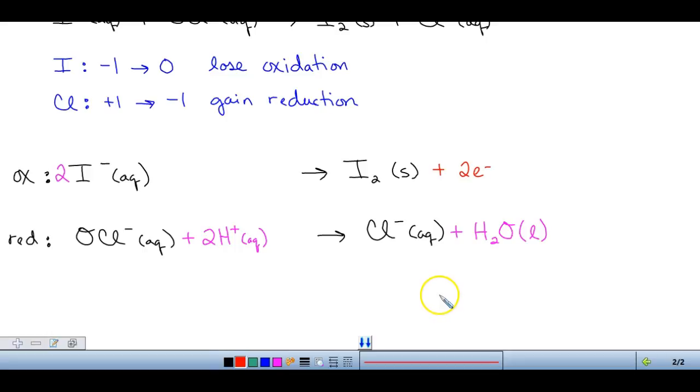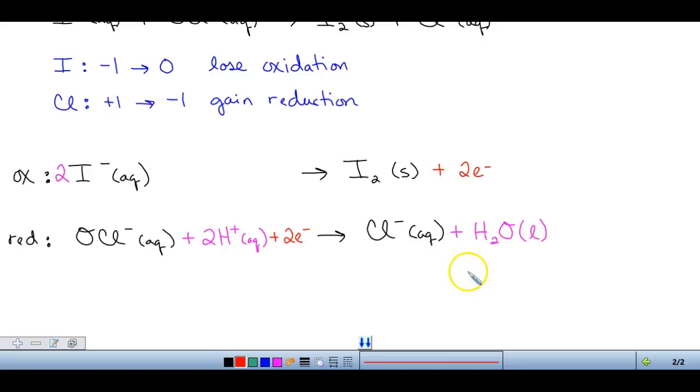And before we're finished, we have to check the charges. So we've got a -1 and +2, so we've got a net +1. And over here we have a -1. Now we need our 2 halves to match as far as charge goes, so I'm going to add 2 electrons here, because that will end up giving me -1 and -1.